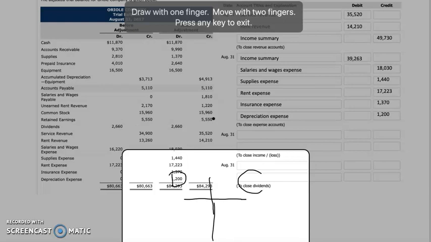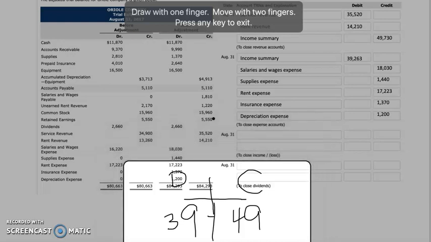But anyway, you're going to have the 39,000 number over here, and then you're going to have the 49,000 number over here. And what I'm just saying is your final balance down here is going to end up being on the credit side. I hope that makes sense. I apologize if it does not.